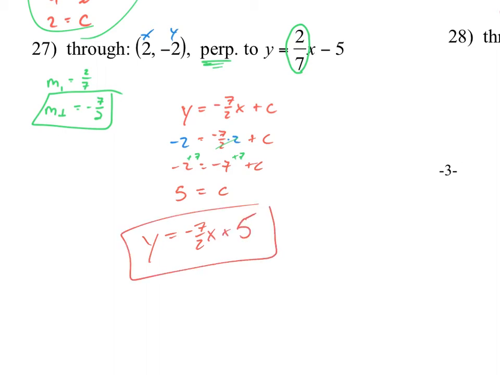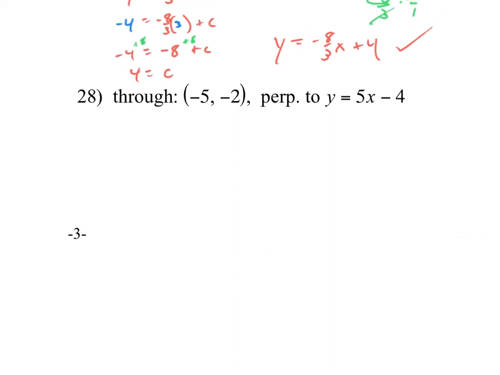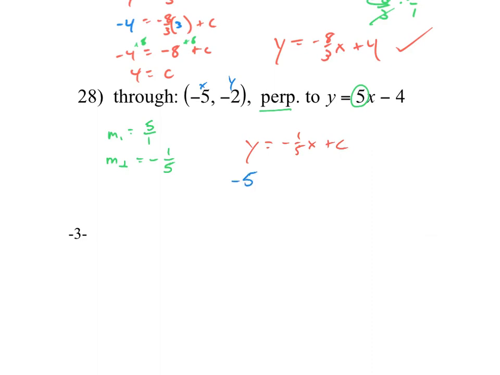Plug in your y value. This guy, and plug in your x value, and all we need to do is solve for c. Here the negative and the negative become positive, and 1/5 times 5 is just 1. The 5's cancel out essentially, and then all you need to do is subtract 1. Subtract 1, those cancel out, you're left with c is -3, and so your equation should be y equals -1/5 x plus c. Done.